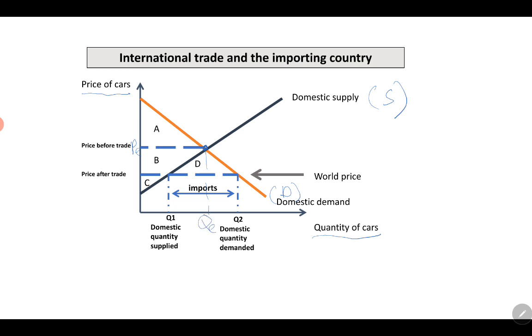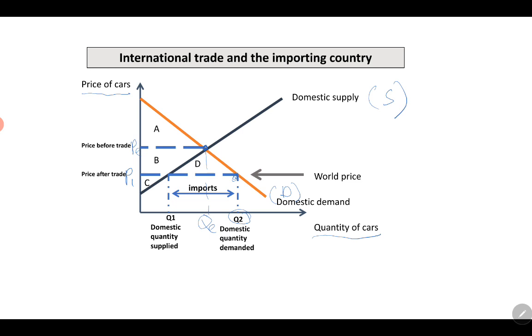Now because you are going to import the cars from foreign countries, definitely you're going to buy at cheaper prices. So price after trade will be P1. When price reduces, the domestic quantity demanded will increase to Q2, because again we are still using the law of demand.